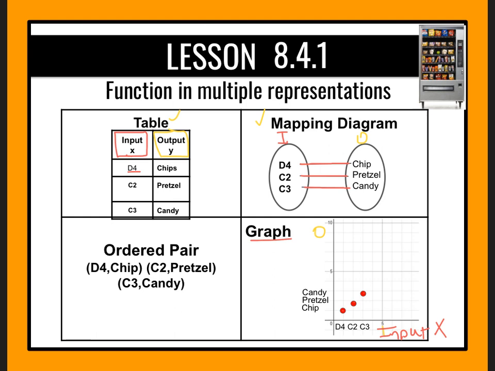Here you can see that I can take the table of values and place them in an ordered pair. So keep your eye on that input value. Every input is assigned only one output value.